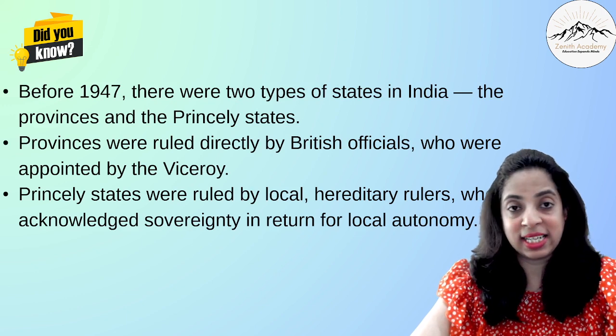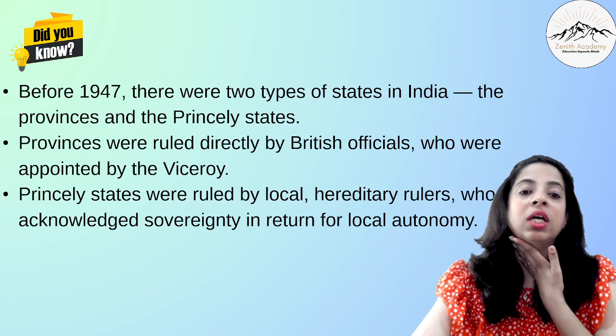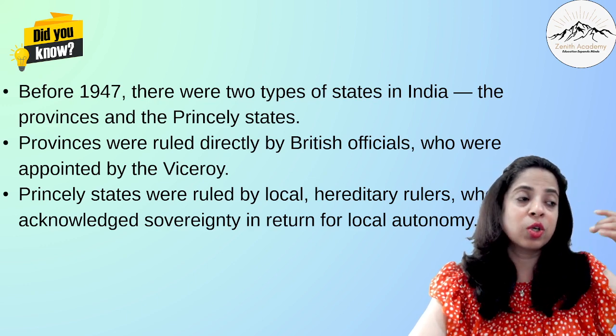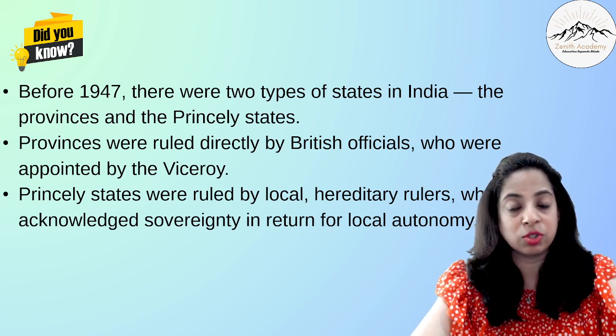Now, princely states, as the name suggests, princely states, prince rule करते हैं इनको. They were ruled by local hereditary rulers. Hereditary rulers means जो king था उसका बेटा फिर उसका बेटा वो heredity से rule कर रहे हैं उस जगह को.